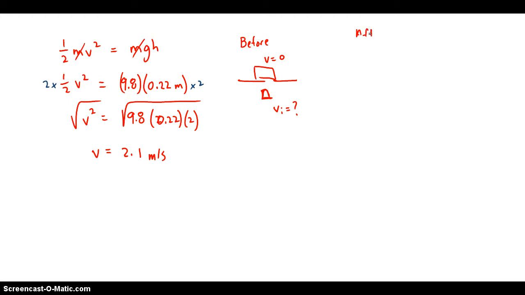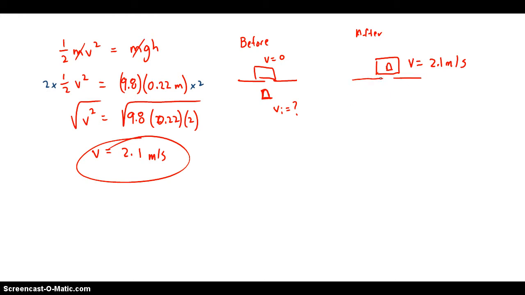After, both of them are moving together at 2.1 meters per second. That's what we found over here. That's right after the collision. It still has no gravitational potential energy. It's just starting to gain it.